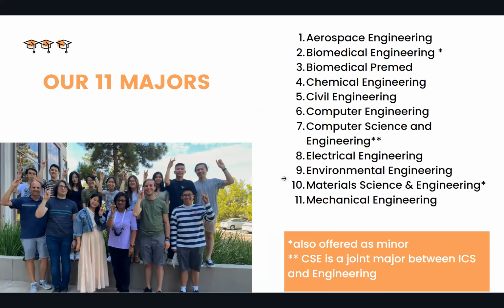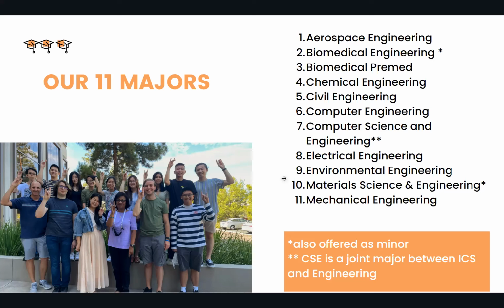So for some of you, this could be an option if you want to have some exposure to a different discipline with your major. Material science engineering and biomedical engineering tend to be minors that students go for. This is an optional thing you can do, not required. You can just do one major, that is completely fine.